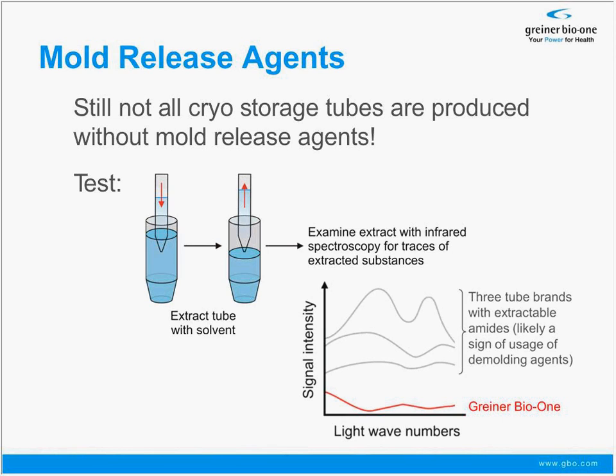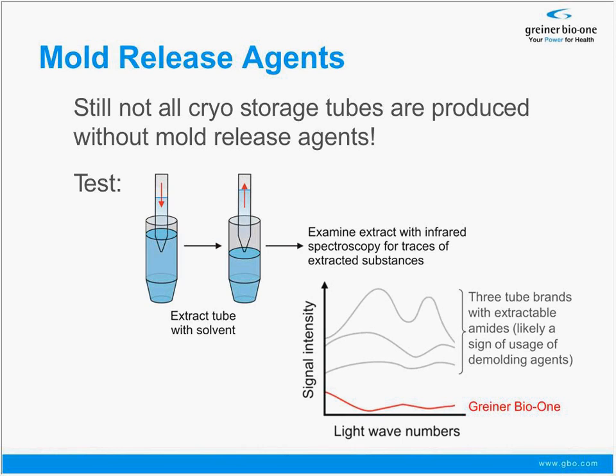So this is evidence for the fact that most of these agents are still used today. There is no regulation to not use them in some contexts. We suggest that in a biobanking context it could cause problems for samples which are liquid, for samples which contain dissolved biomarkers, and for samples which later go into a biomarker assay, as such substances can interfere with analysis.